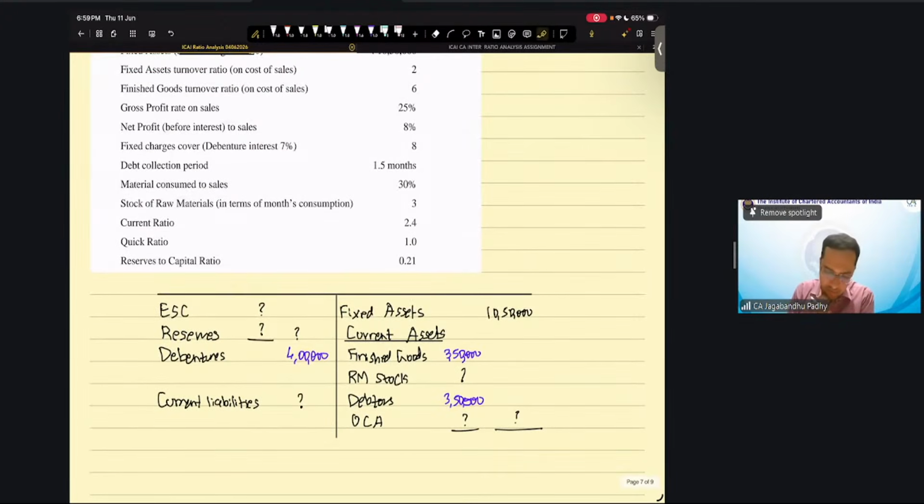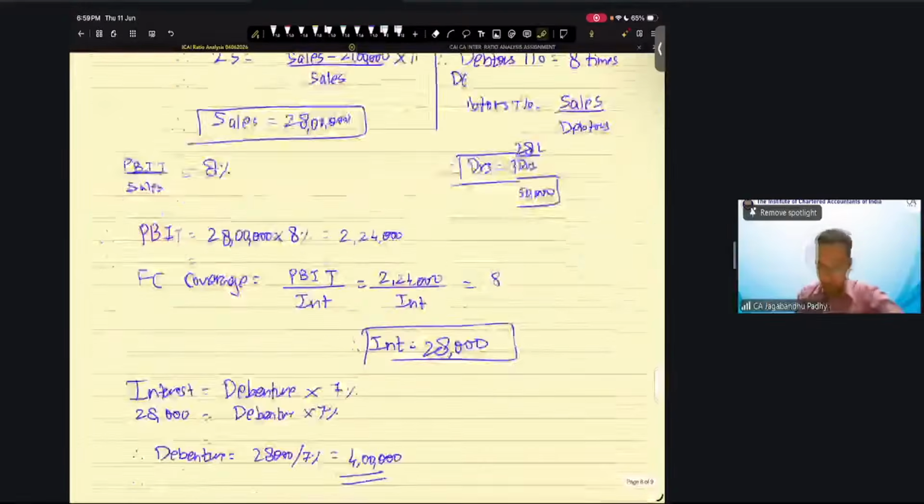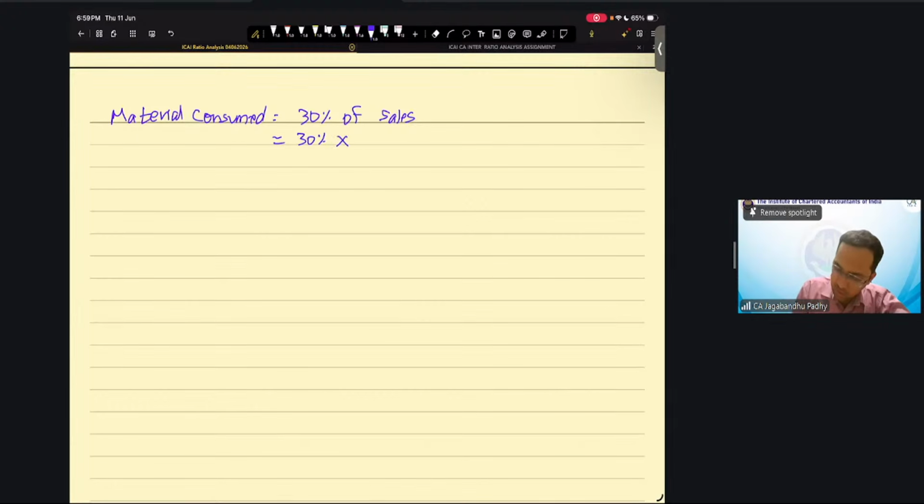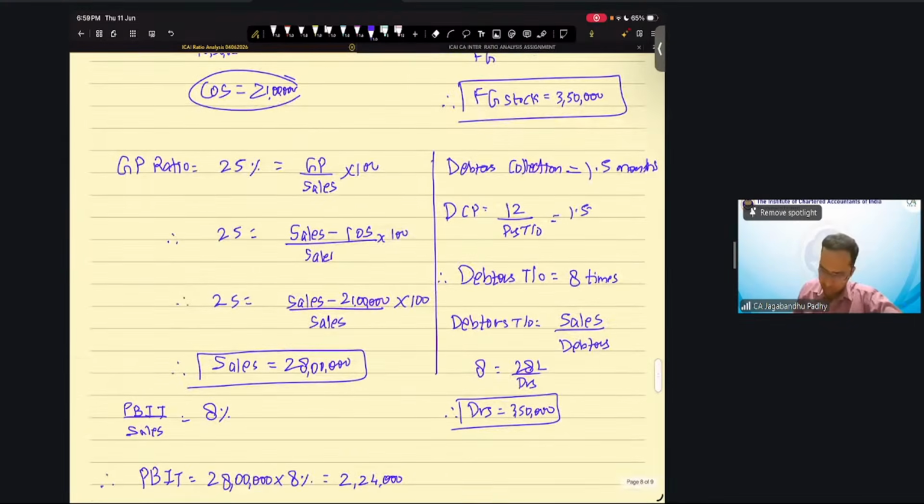Now we have this ratio of material consumed to sales. Whatever is the value of sales, 30% of that is the value of material consumed. So material consumed will be 30% of sales, which is 30% into 28 lakh. 28 lakhs was the value of sales, right?